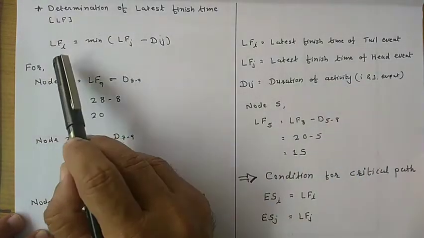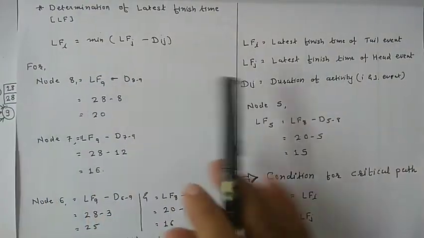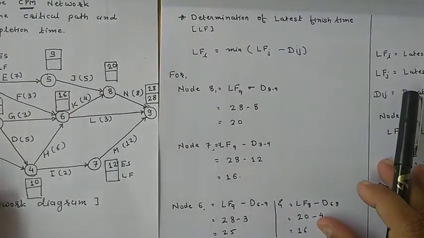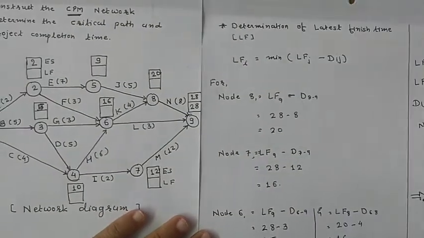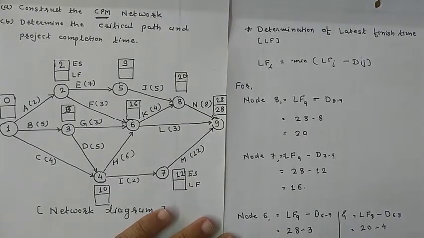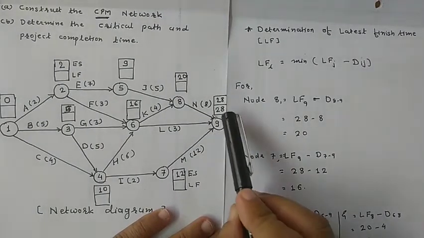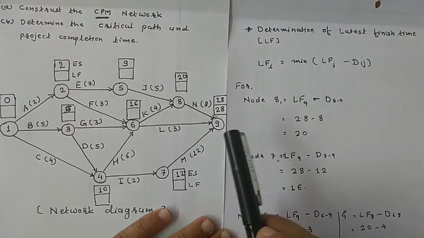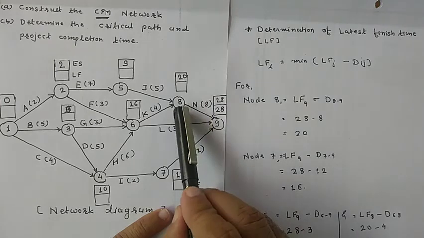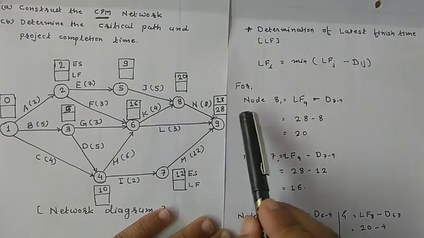For node number 9, the latest finish time is the same as the earliest start time. For node 8, or event 8, what is the latest finish time?